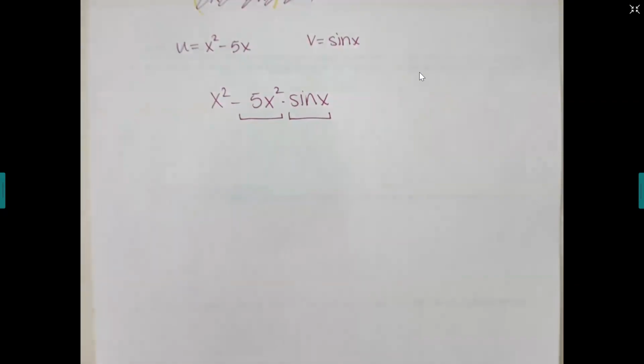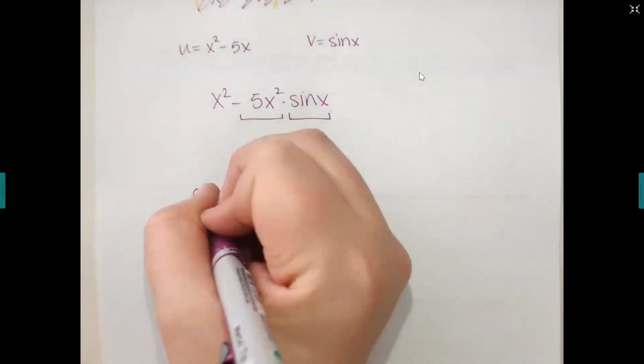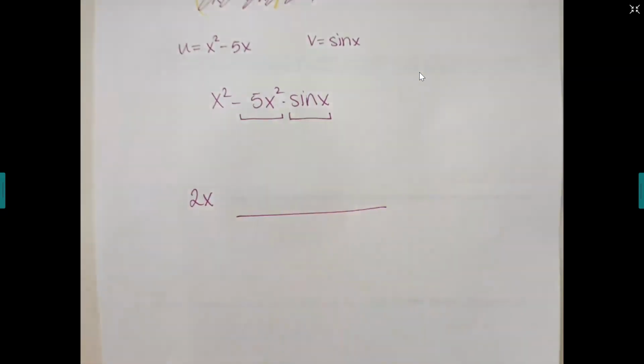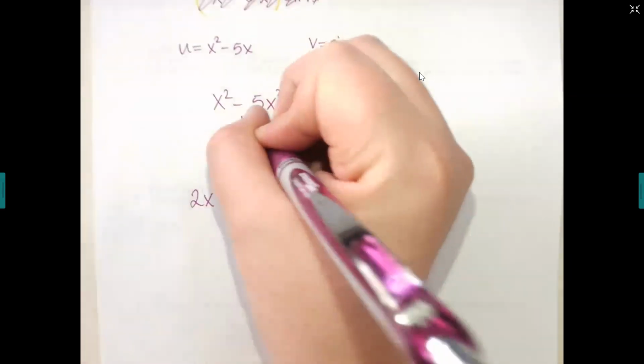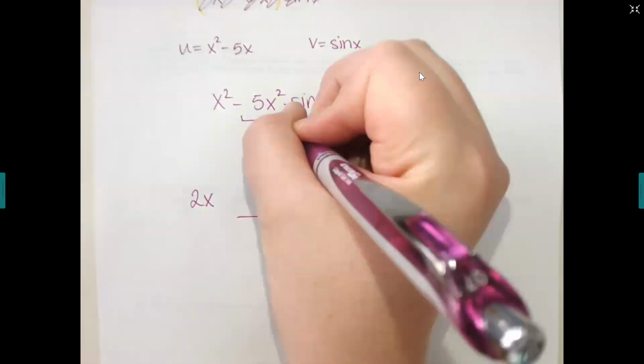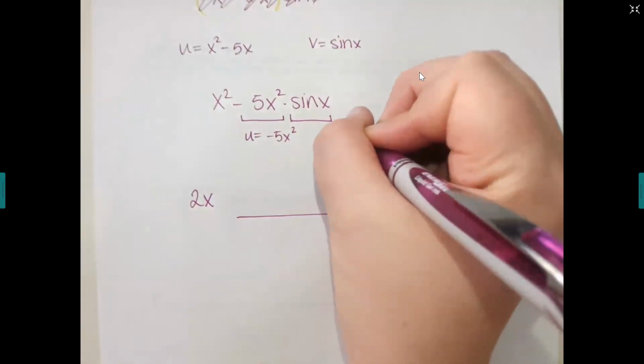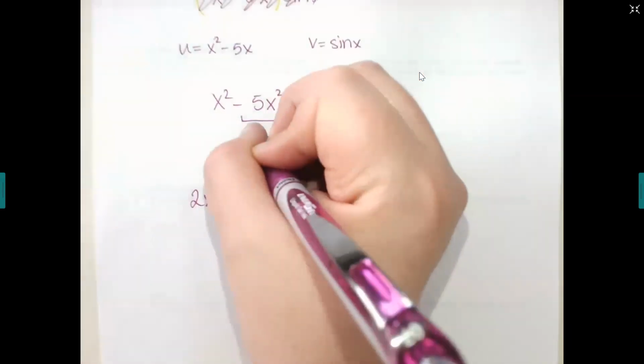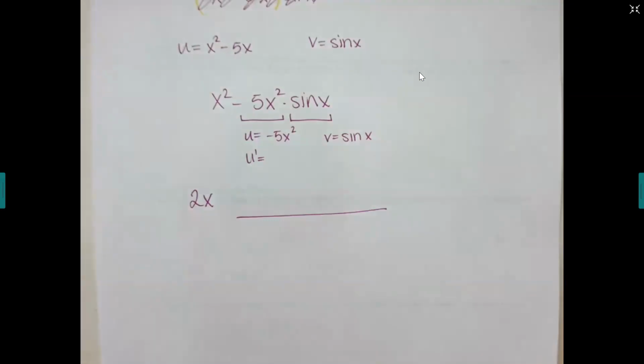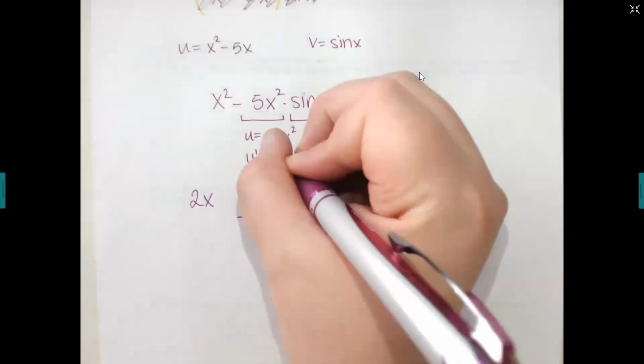So what is the derivative of x squared? I don't need product rule for that. 2x. And then behind that, I'll put my product rule. This term is not part of the product. It's not multiplied by anything. So let's break down this part. My u is minus 5x squared. My v is sine x. What is u prime? Negative 10x.